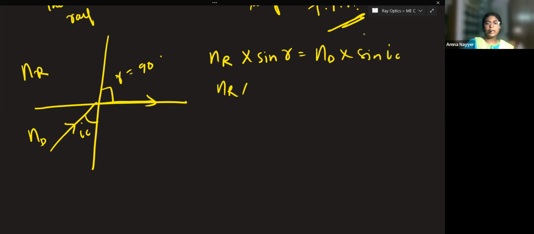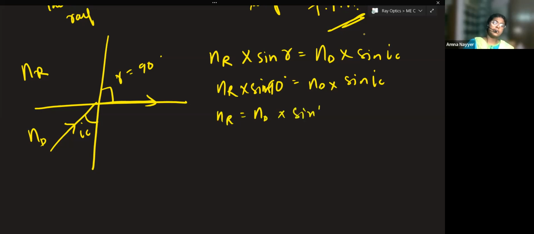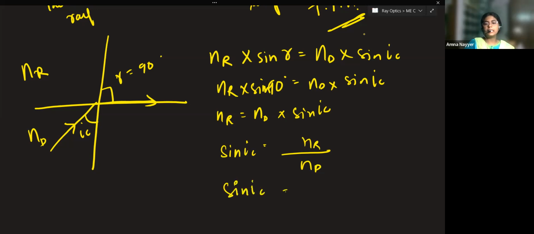So NR into sine 90 degrees is equal to ND into sine IC. Fine. Sine 90 is 1. So NR will be equal to ND into sine IC. So sine IC can be written as NR by ND. And NR by ND can be written as 1 by ND.